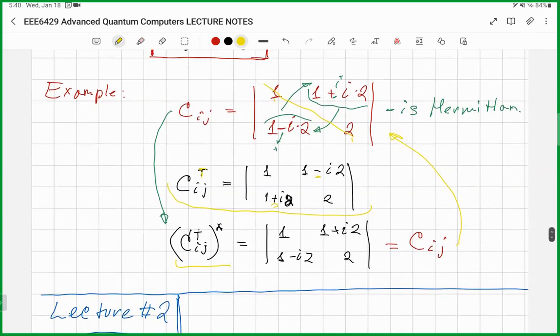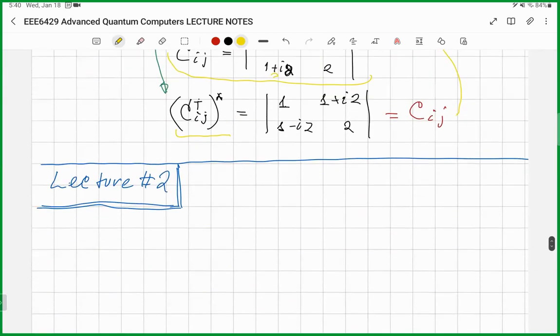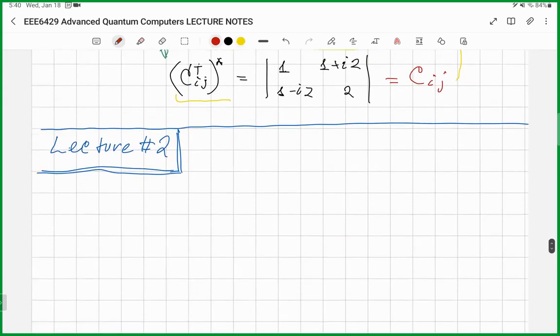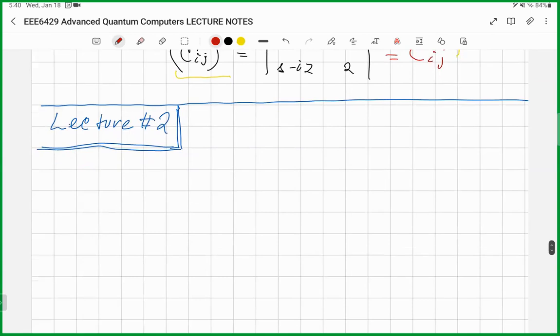Even though it has complex-valued components and the structure might be somewhat complicated, the matrix is Hermitian and its eigenvalues are real values. This is where we stopped last time, so let's continue this introduction to linear algebra.